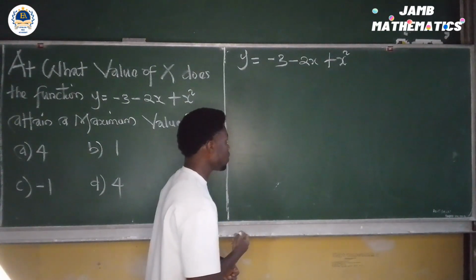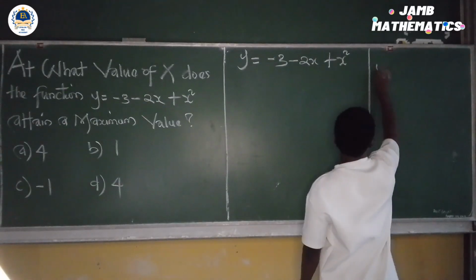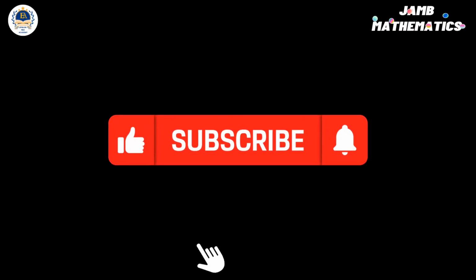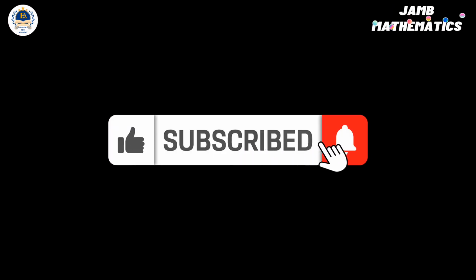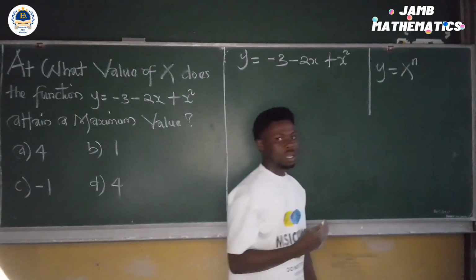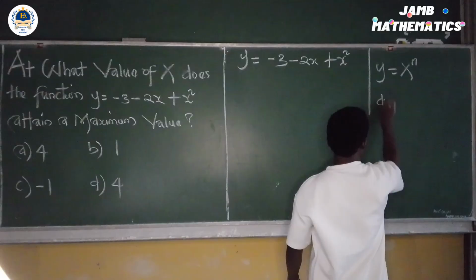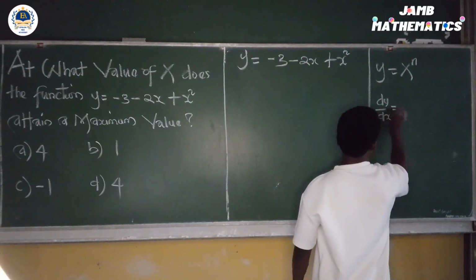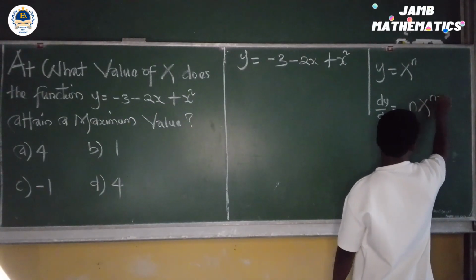Now to do so, let us apply this principle. The principle is that if y is a function of x to the power of n, then the derivative of y, which is dy over dx, is going to be given as n x raised to the power of n minus 1.